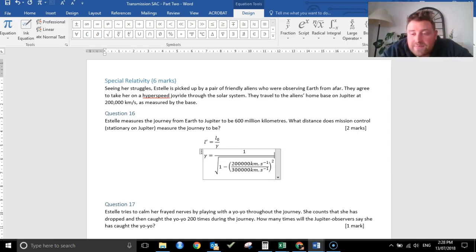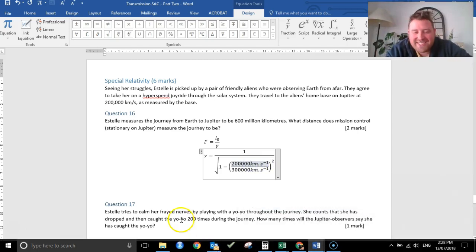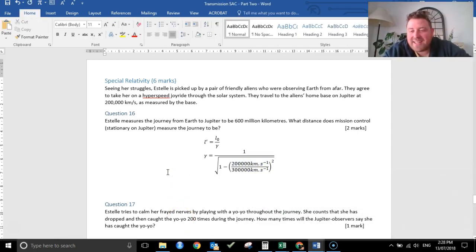Right, now, look, I keep on banging this drum all year, but if you don't put units in your calculations, then you're gonna make mistakes. So a lot of people put 200,000 here, and they put 3.0 times 10 to the 8 down here, because that's what they know the speed of light is. And if you do that, you're gonna stuff it up, because 3.0 times 10 to the 8 is meters per second.